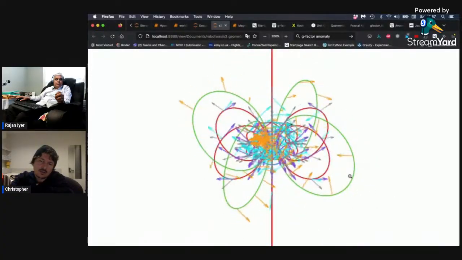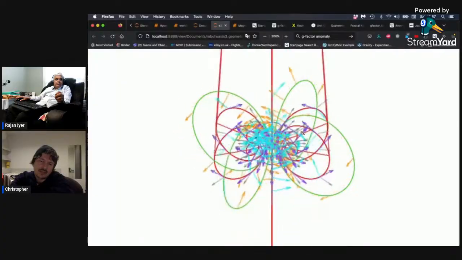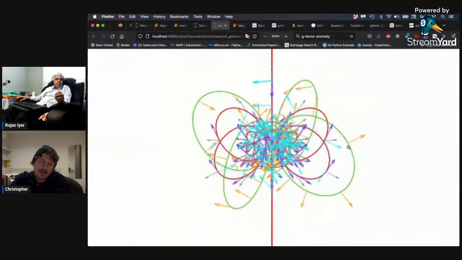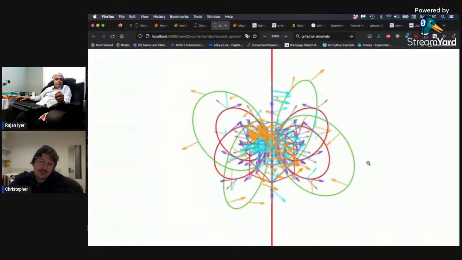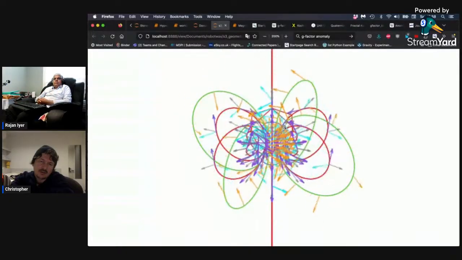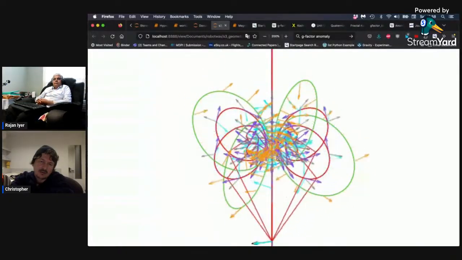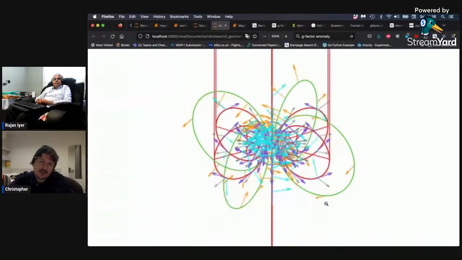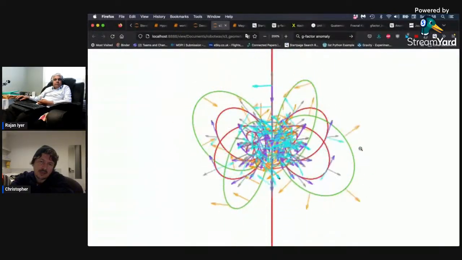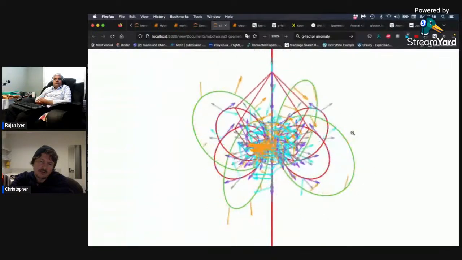If we were to track one of these, what is its path? It seems to curl outwards here in an anti-clockwise direction, and then it continues in an anti-clockwise direction, and then it goes in a clockwise direction.